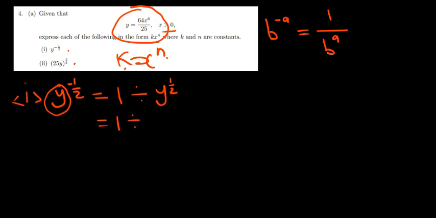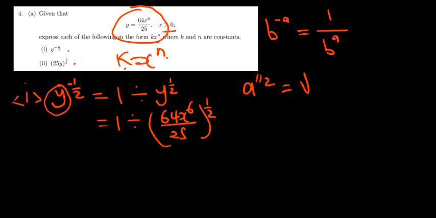Then I'm going to replace y with the value they gave me. So y is 64x to the power 6 divided by 25, and all this is raised to the power half. We know that a number a raised to the power half is the same as the square root of a. So power half is the same as the square root, guys.